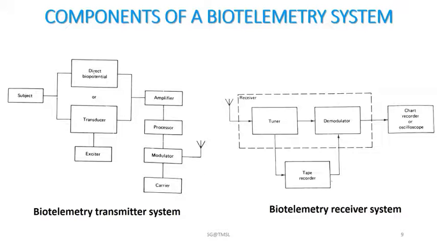Next are the components of a biotelemetry system, where you can see on the left hand side the biotelemetry transmitting system, and on the right hand side the biotelemetry receiver system. A radio frequency carrier, a high frequency sinusoidal signal, is propagated in the form of an electromagnetic wave when applied to an appropriate transmitting antenna.